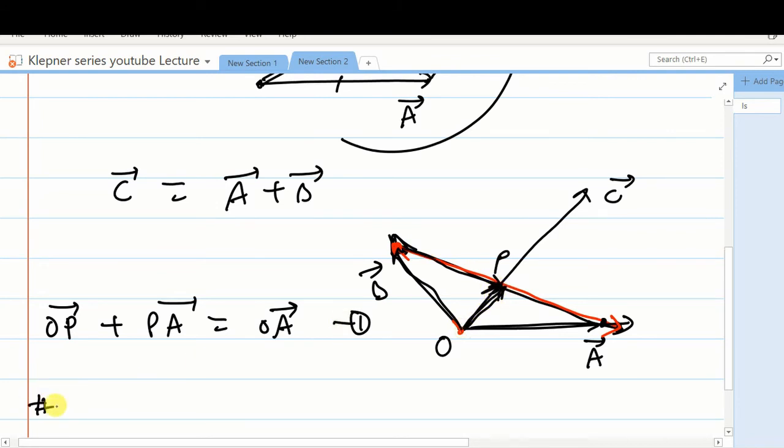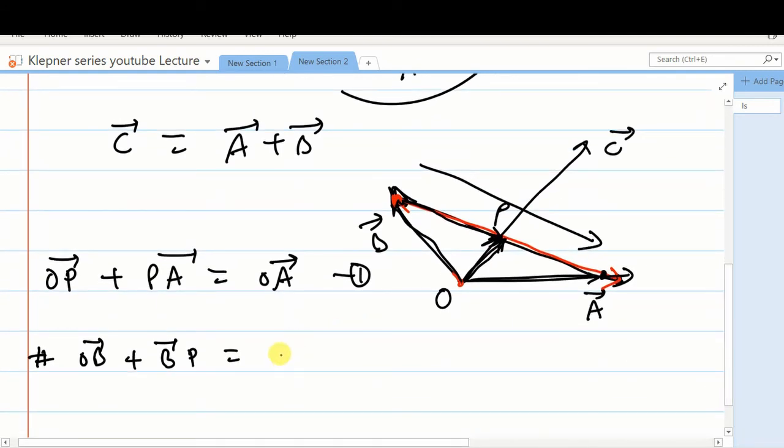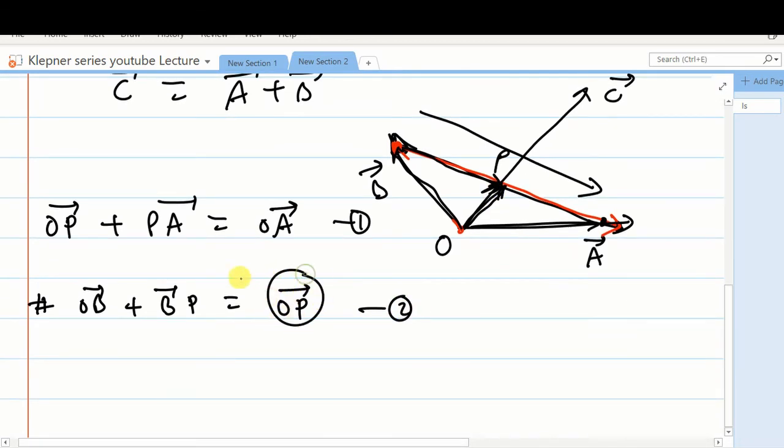The second goes like this: OB plus BP, because this whole vector goes like this. Therefore I have to choose the following continuity, similarly OP. This one is OP. Now what you can do is plug this OP here. So we can write PA, and we know OP is OB plus BP, equal to OA.